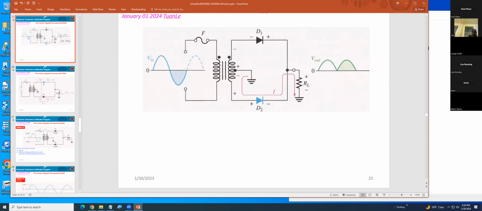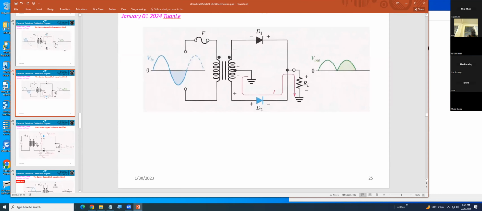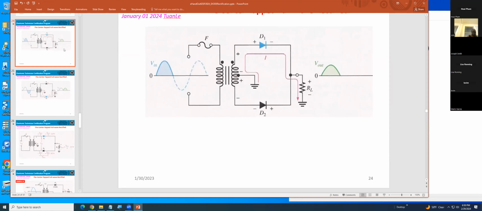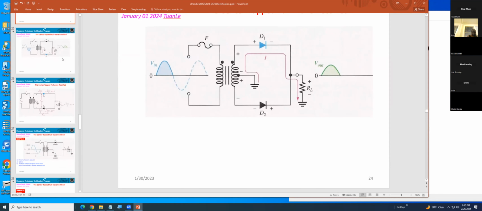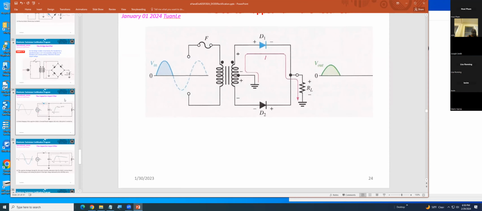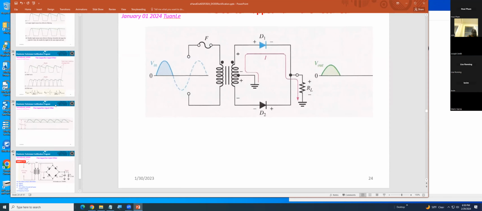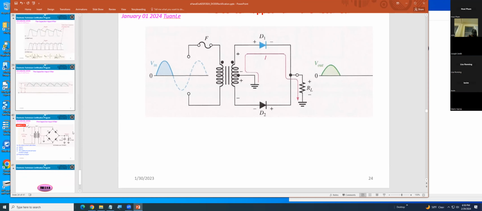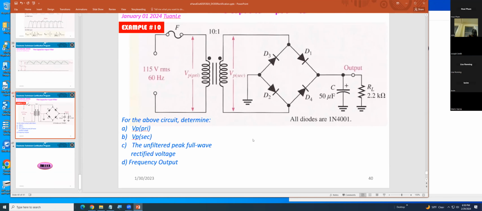Output frequency. So the unfiltered peak full wave rectified voltage would be V out equals V peak secondary minus 1.4. Exactly. And the frequency, if the input is 60 Hz for the full wave rectified, output will be double.